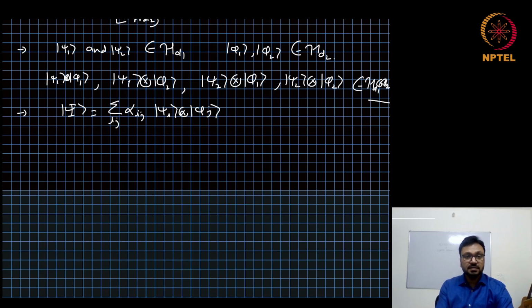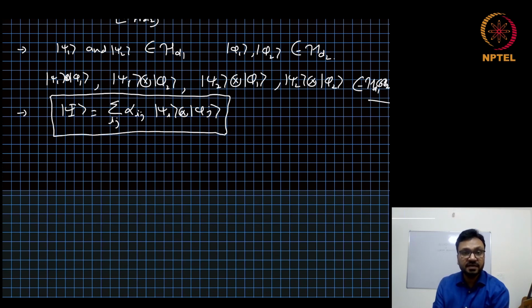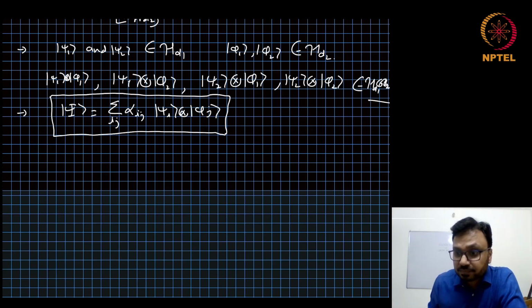This is the most general state of the composite system, where psi i and phi j we have taken as the orthonormal basis, or any states which exist in the Hilbert space.